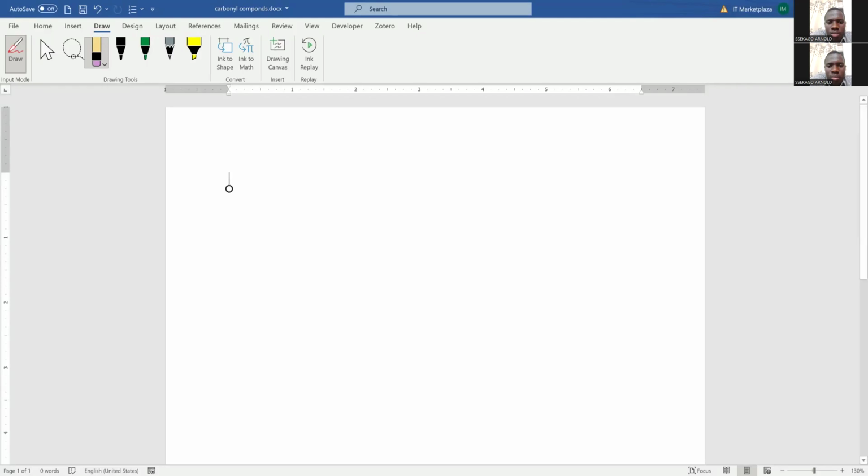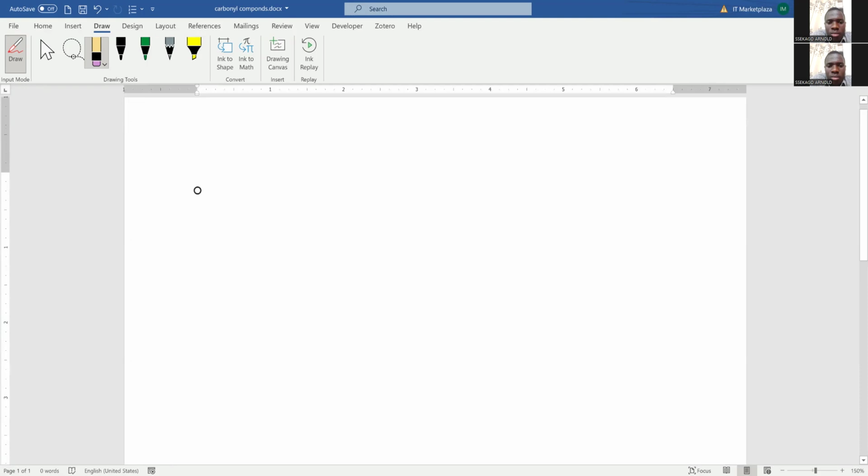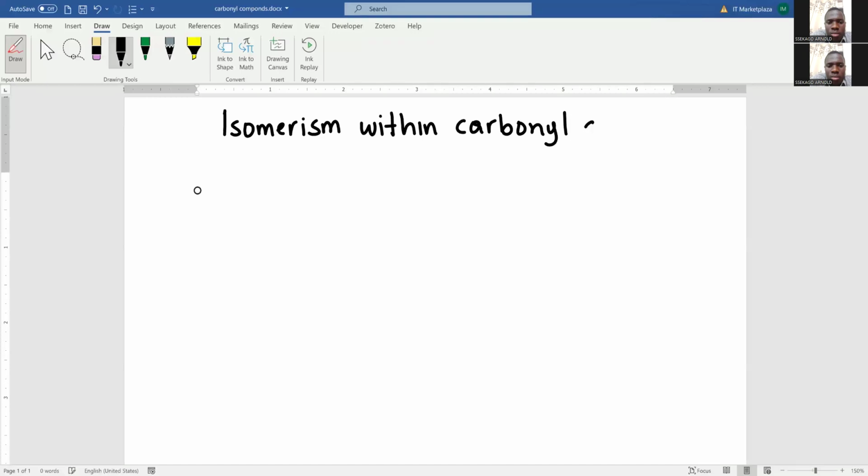So this is isomerism within carbonyl compounds. In senior 5, you were taught different types of isomerism.